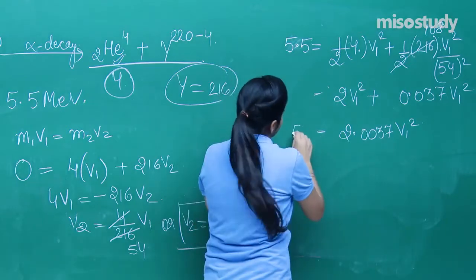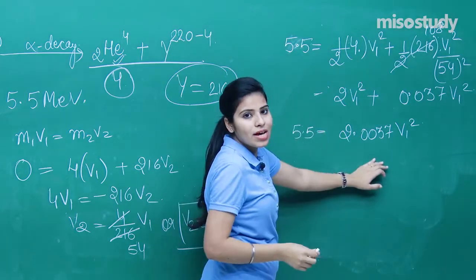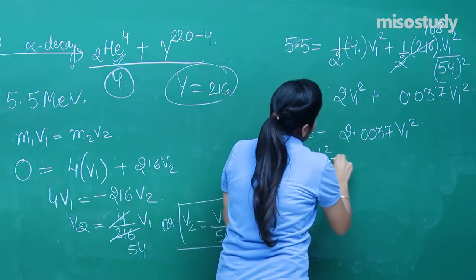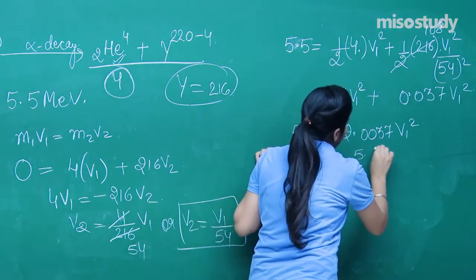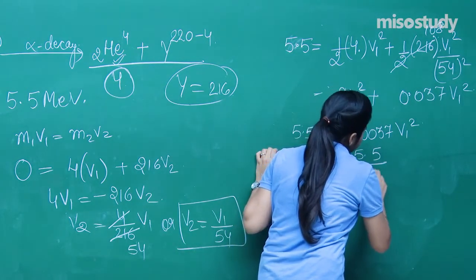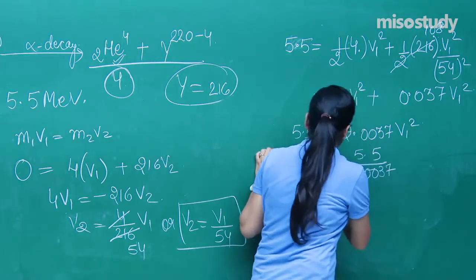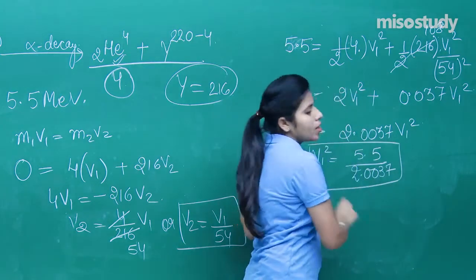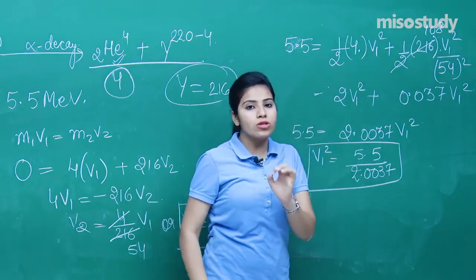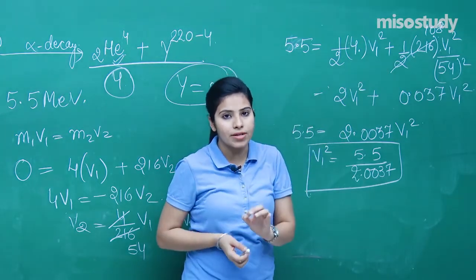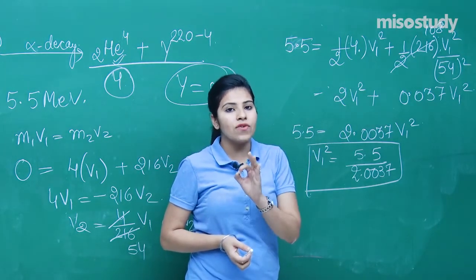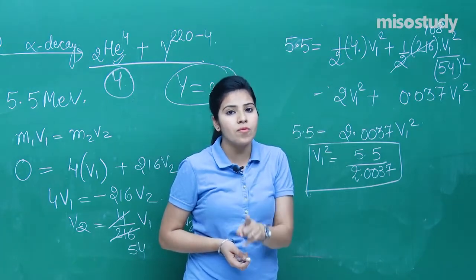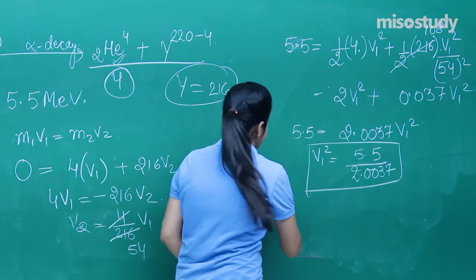Now from here I can say that V1 square will be equal to 5.5 divided by 2.0037. This is my V1 square. Because I have to find the kinetic energy of the alpha particle, it will be half m1 V1 square.